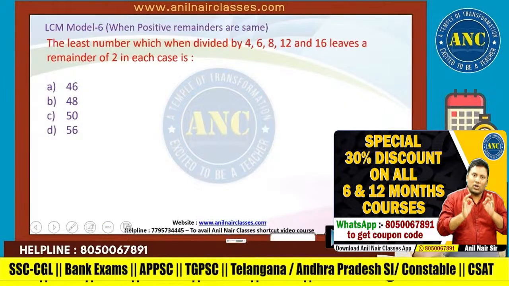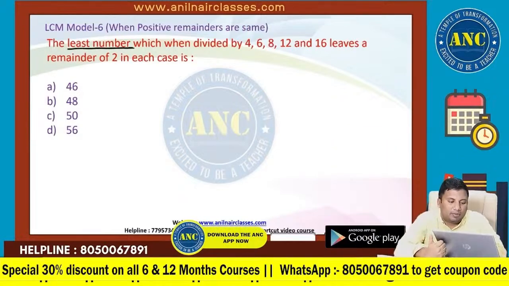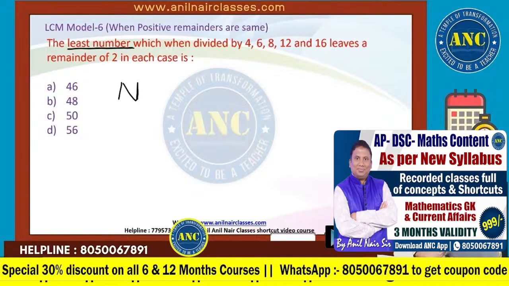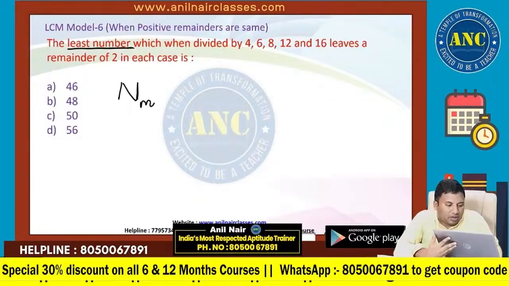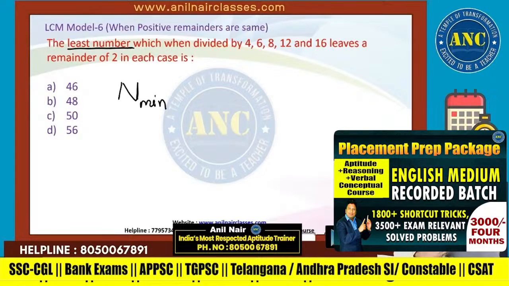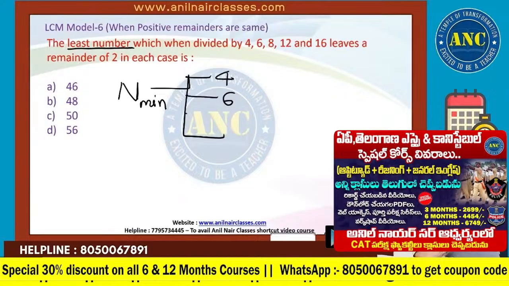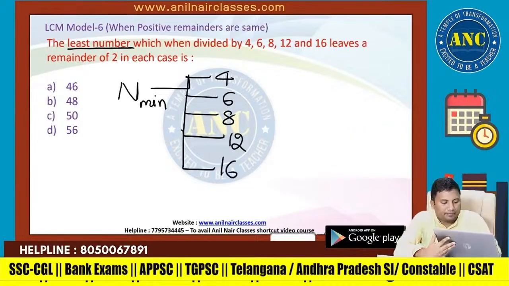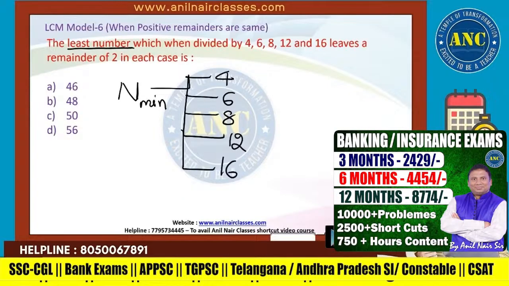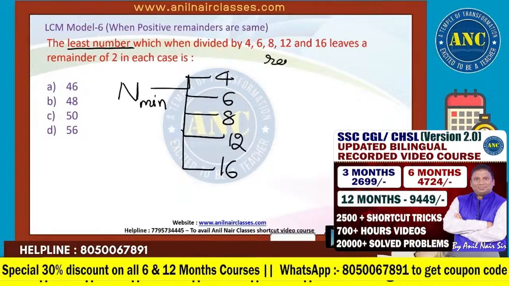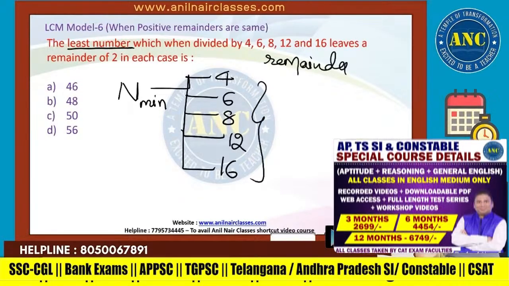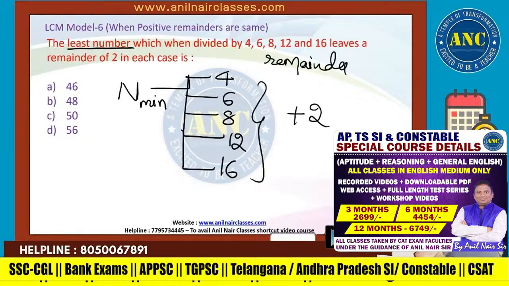Question: the least number, least is the minimum number. We require the minimum value of a number that is divided by 4, 6, 8, 12 and 16 and in all the cases it gives a remainder 2.